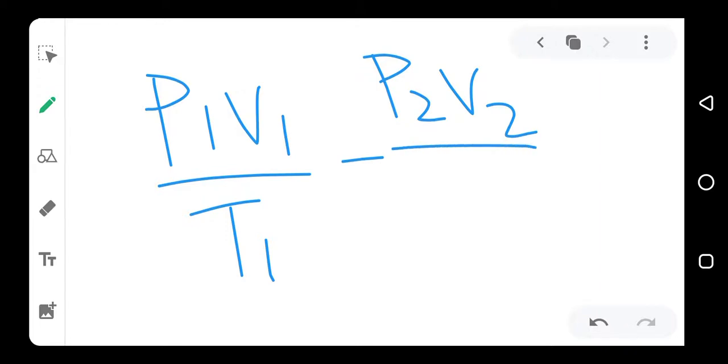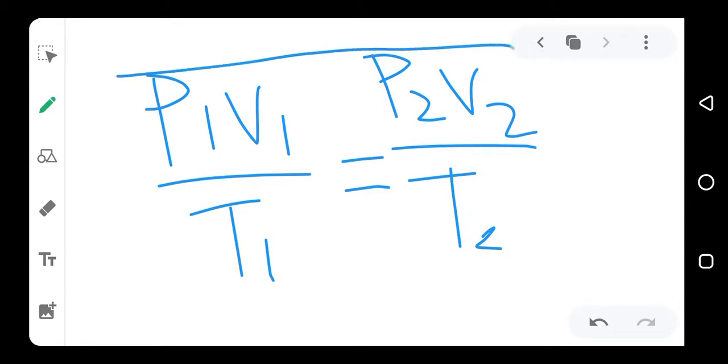When we combine the Charles law and Boyle's law, we get an equation that looks like this: P1 V1 over T1 is equal to P2 V2 over T2.